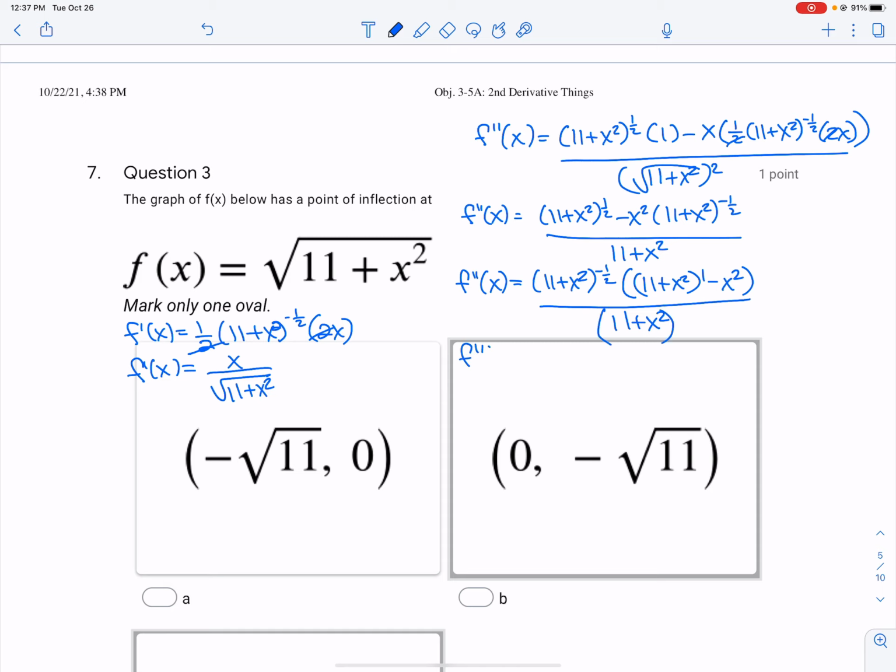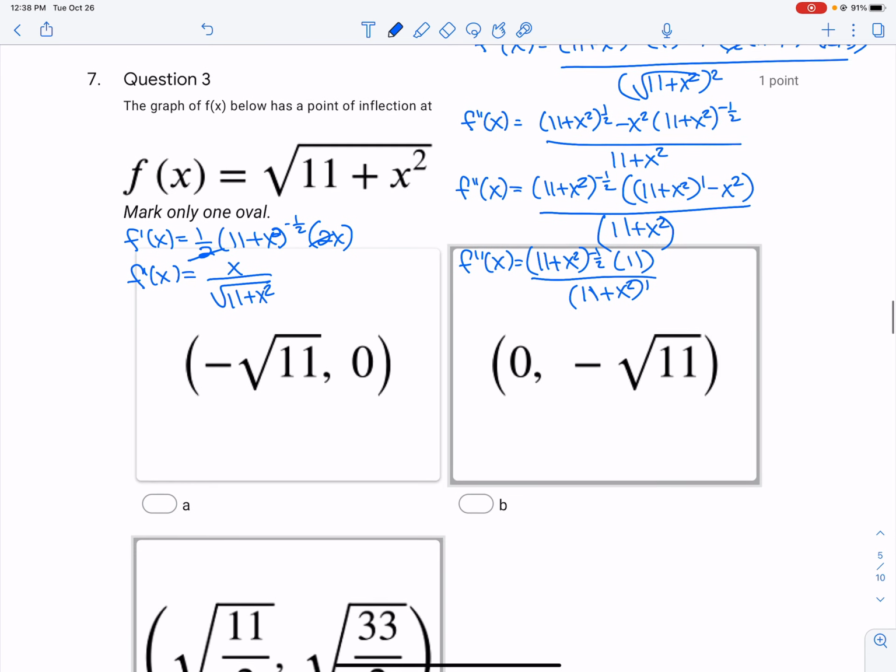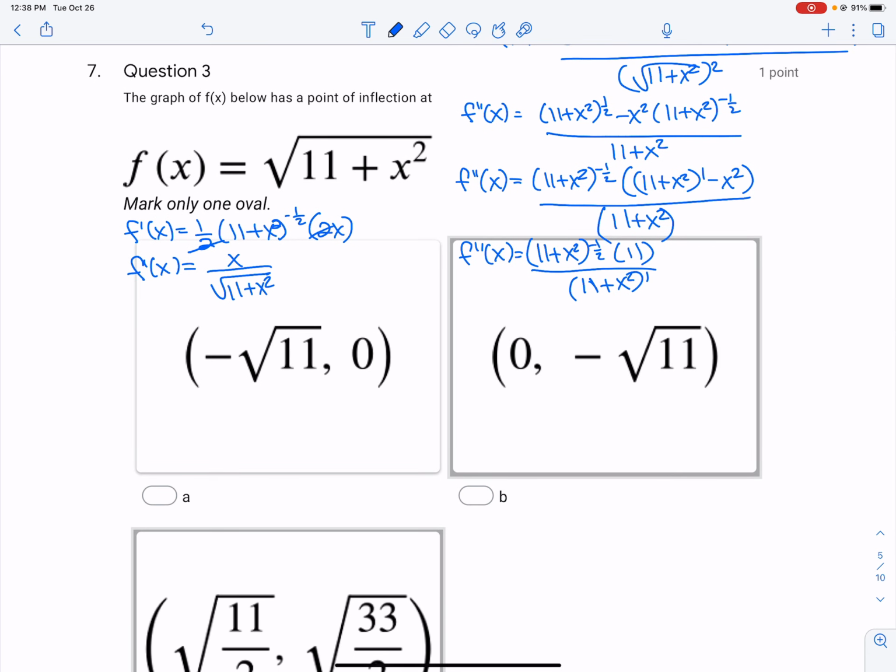So now f double prime of x is 11 plus x squared to the negative 1/2, and I'm left with an 11 and a 11 plus x squared to the first power. When I set this equal to 0 to solve, these are the same terms here. So I can rewrite this as 11 over 11 plus x squared to the 3/2 power.